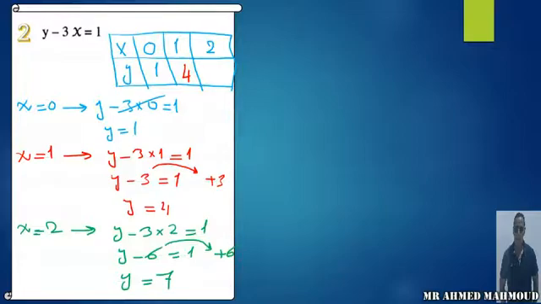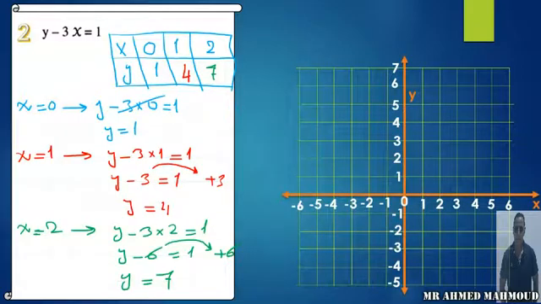Then here I will write 7. Then in the graph we have 0 and 1 here, 1 and 4 here, 2 and 7 here. Then I will connect them by a straight line like this. Okay, the next example.